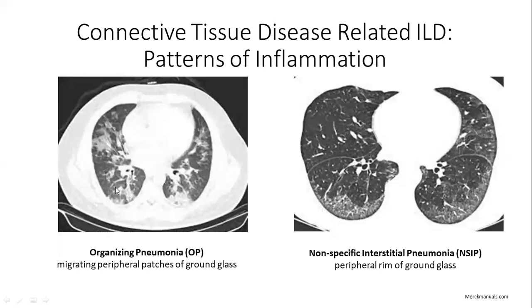Organizing pneumonia is usually more patches compared to the NSIP, which is more confluent. Organizing pneumonia can have a lot of different causes, but it's describing the radiographic appearance or a pathologic appearance on biopsy. So these are some patterns of inflammation that could be seen in a patient who has a connective tissue disease ILD, this one being the most common.